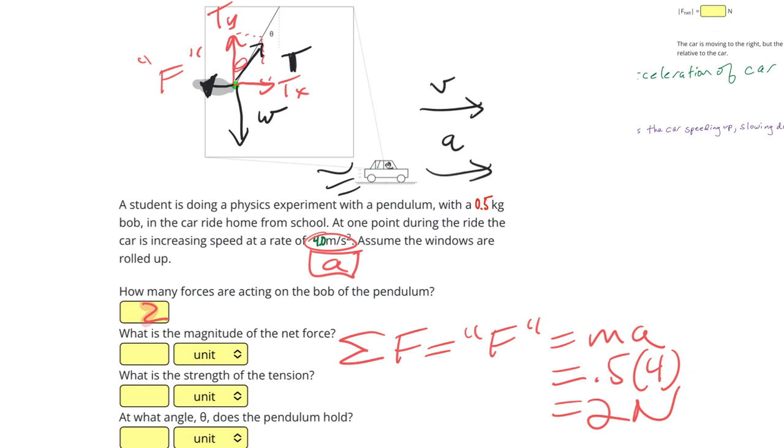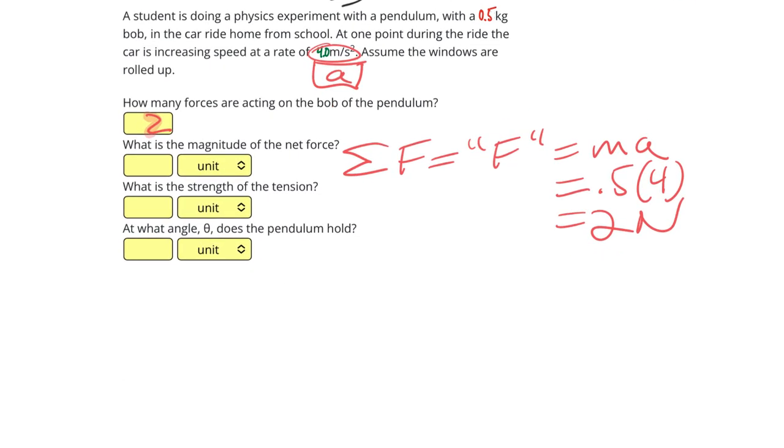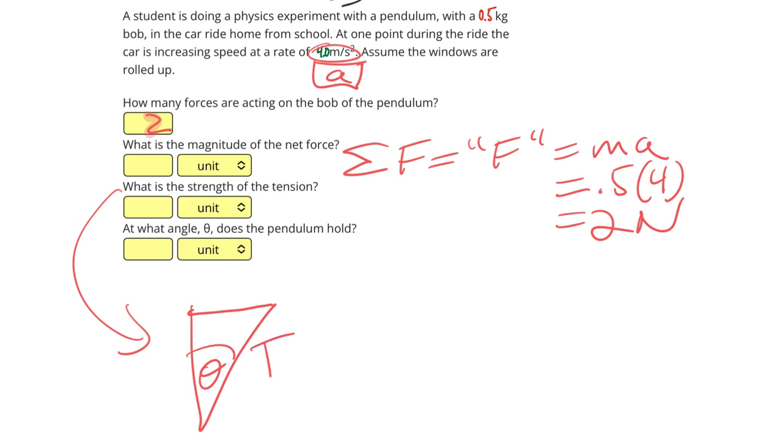What is the strength of the tension? Well, gotta use some trig here. Okay, so the tension, I'm gonna pick this triangle right here. This is the tension.